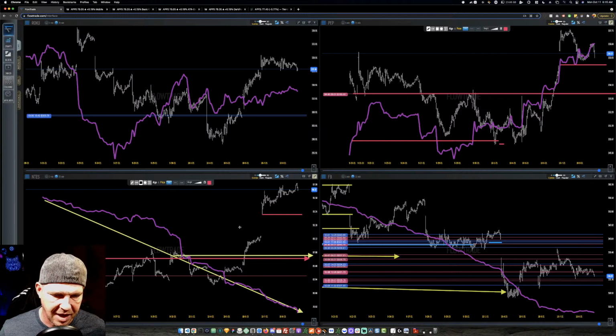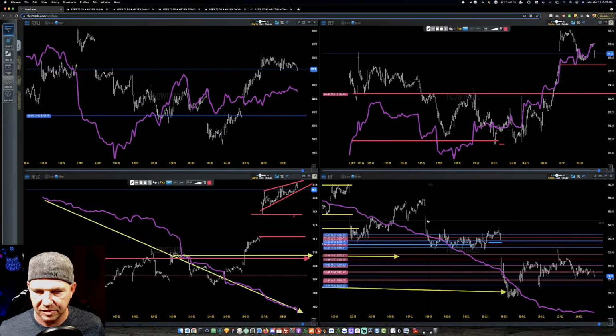Filling this gap would be a nice, super juicy move. What the heck? All right, well, I guess the tools aren't working that well this morning. Filling the gap to there. So we break this uptrend. This is a rising wedge. That's a bearish candlestick pattern. So look for NetEase to the downside.